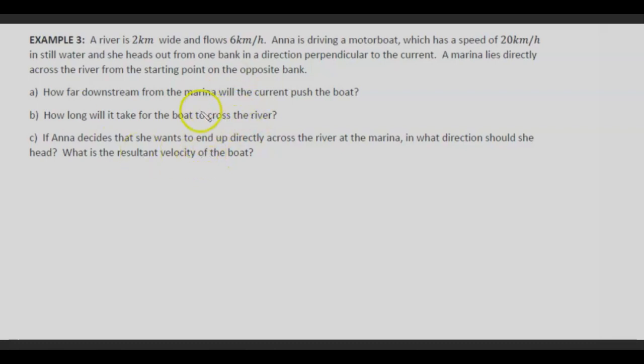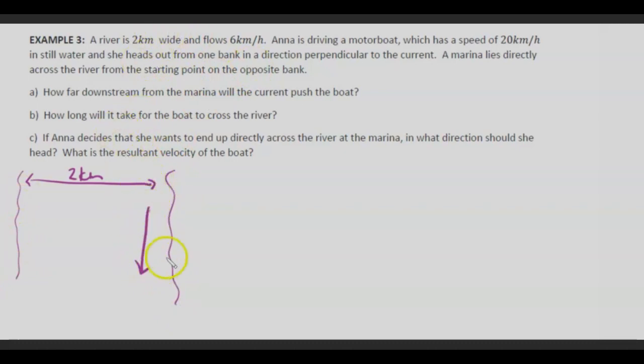Okay, so let's draw this situation right now. So we have some river that's 2 kilometers wide. And if we think about it, the river is like kind of going down like that. Okay. So the river is flowing in such a way, so either up or down. Okay.